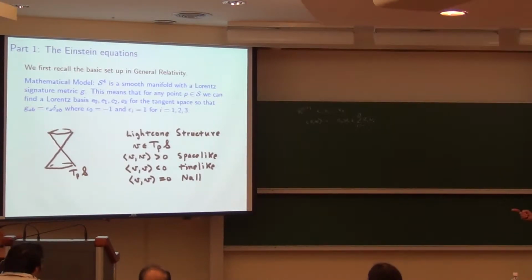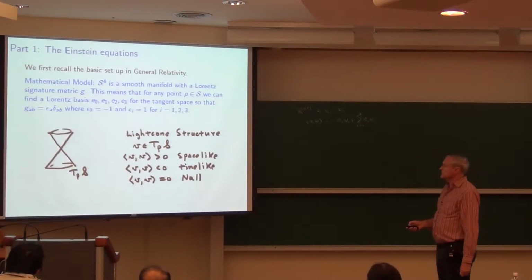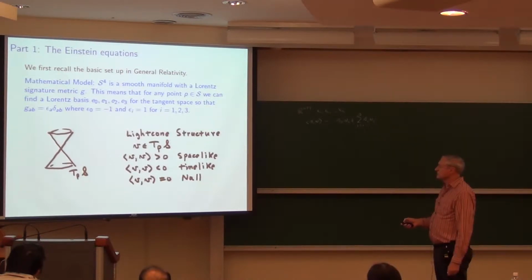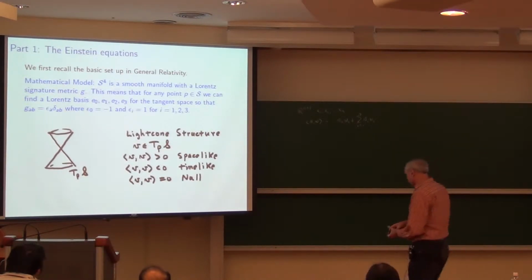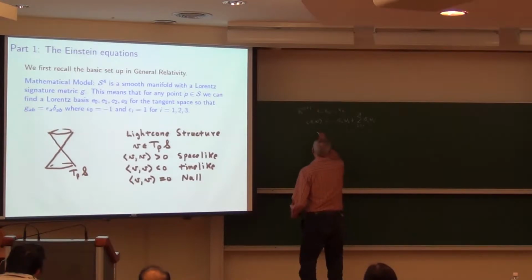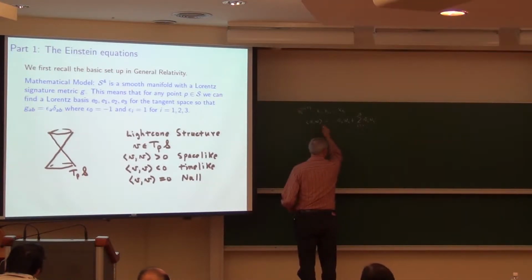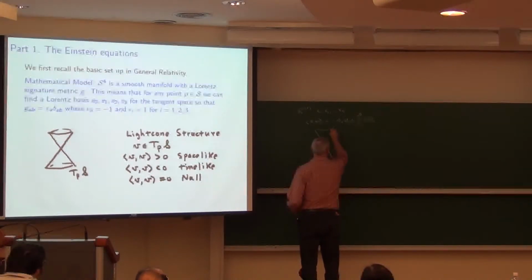So we take a vector, we can divide them into three types. We can take the vectors which have positive inner product with themselves. Those are called space-like vectors. And so those are vectors that point outside the cone. So in this picture, the null vectors, which separate the two, form a co-dimension one cone, and a space-like vector would be a vector here.